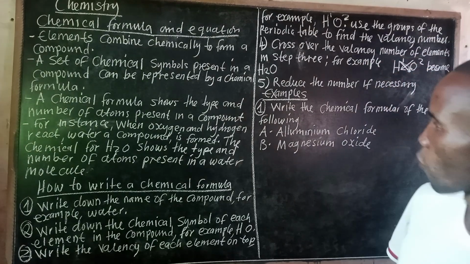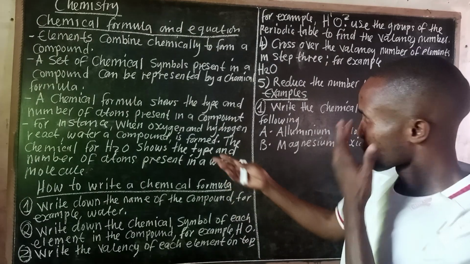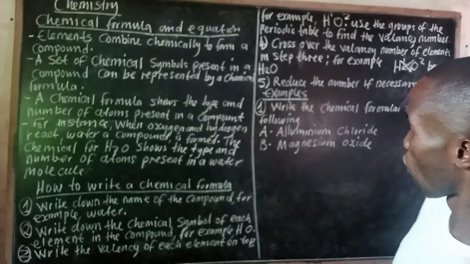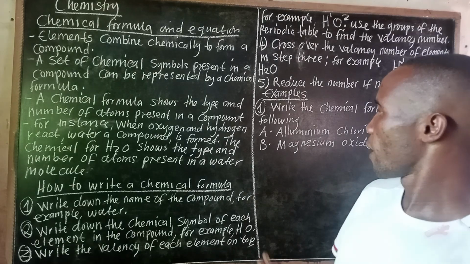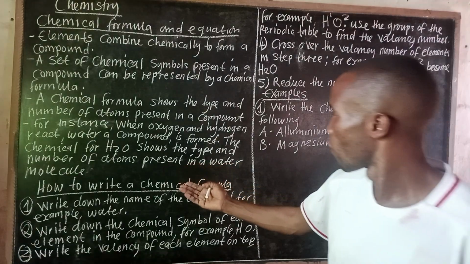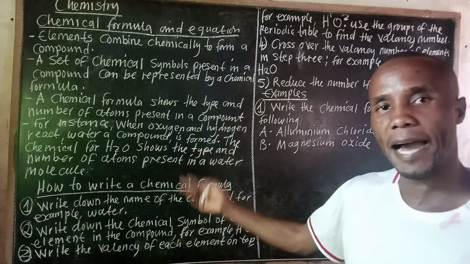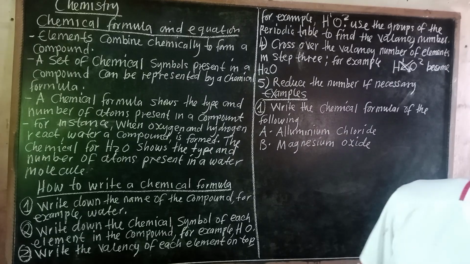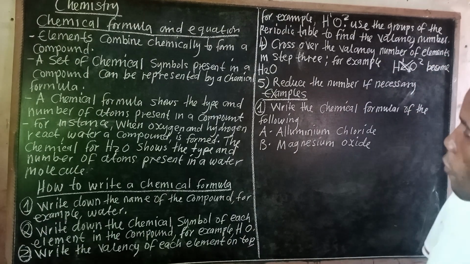So when these two elements react, they actually form a compound called water. Now the chemical formula for water is H2O, which shows the type and the number of atoms present in a water molecule. So that's the importance of chemical formula.